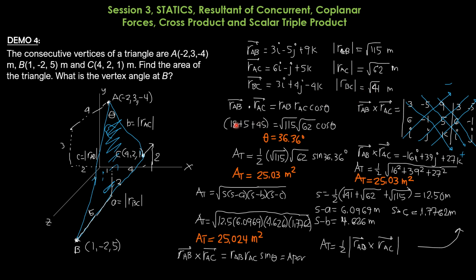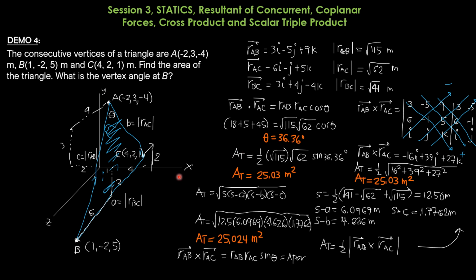We then apply the dot product, RAB dot RAC. So it is 3 times 6, 18, negative 5 times negative 1, positive 5, 9 times 5, 45, equals magnitude of RAB, which is square root of 115, times magnitude of RAC, which is square root of 62, cosine of theta. Solving for theta, it is 36.36 degrees.